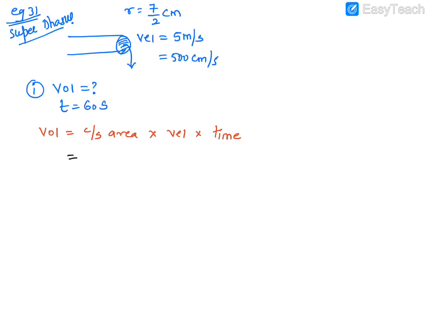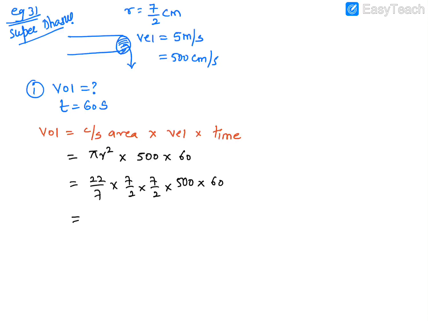Now what is cross sectional area? It will be pi r squared. What's the velocity given? 500. What's the time given? 60. Now substitute. What is pi equal to? 22/7 into radius 7/2 into 7/2 into 500 into 60.